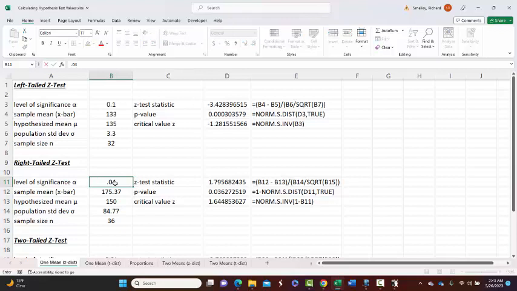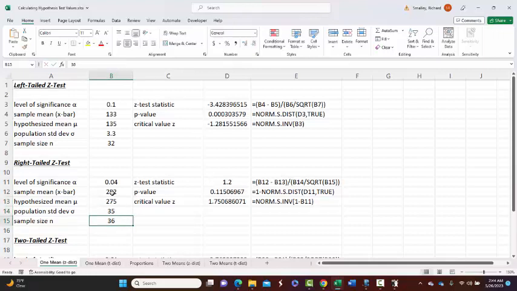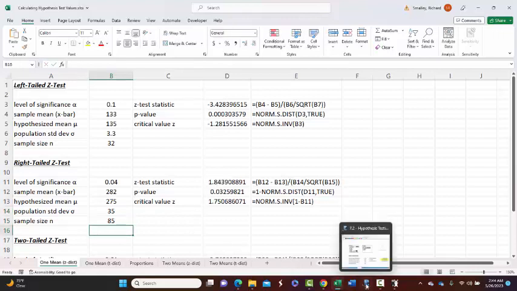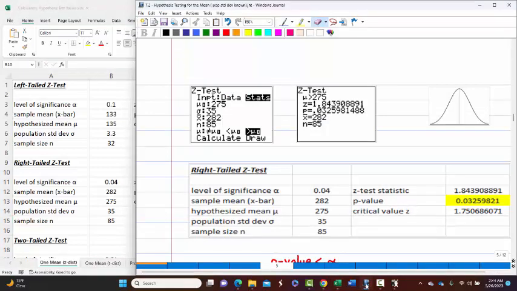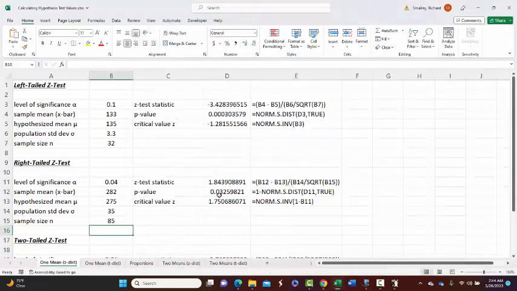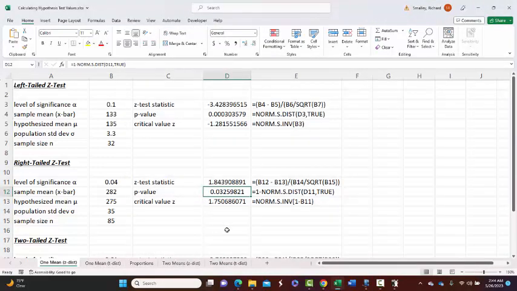So whether it's the calculator or Excel, you still have to make a choice here on which one of the three to use. Sample mean, I think was 282. 275. Standard deviation, I think, is 35. N is 85. That'll be a miracle if I remembered all that correctly. It's a miracle. And then there we go. So same p-value.